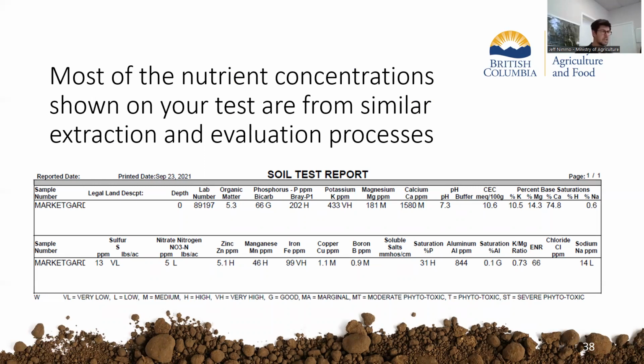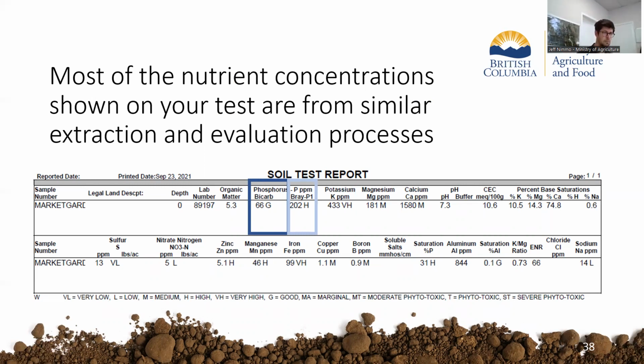Most of the other nutrient concentrations that you see on the soil test report, if you're talking about magnesium or calcium, are concentrations from similar extraction processes, and then a similar evaluation of the concentration is shown. This is the recommended amount of fertilization that's needed in order to reach just optimum production.